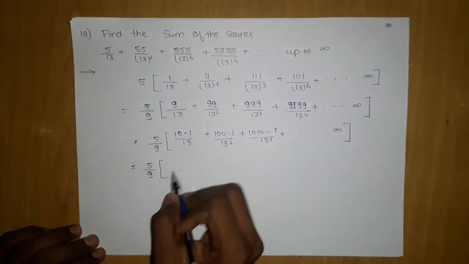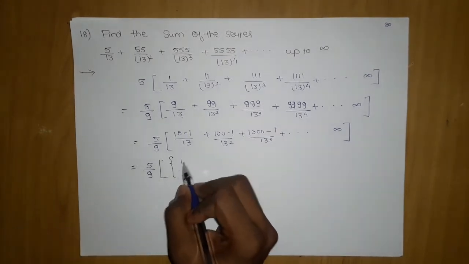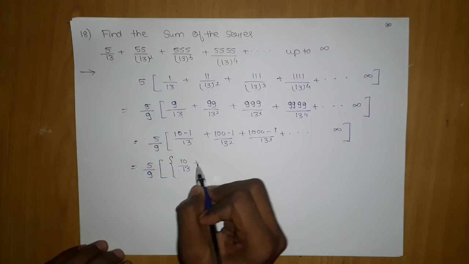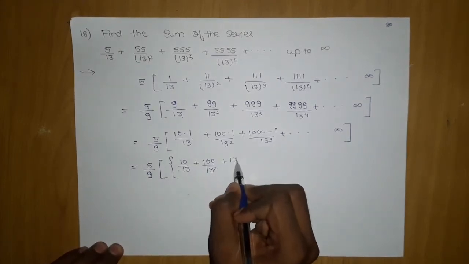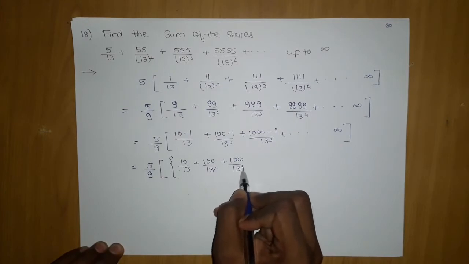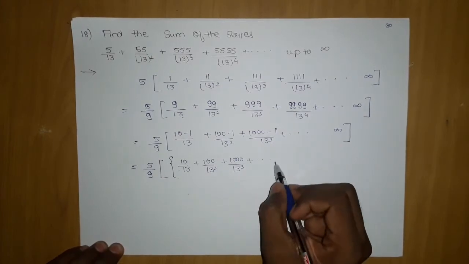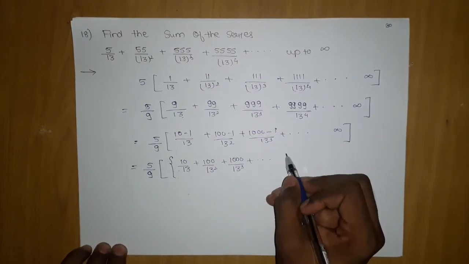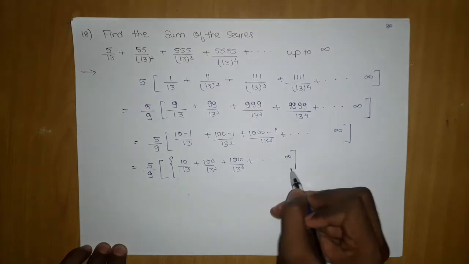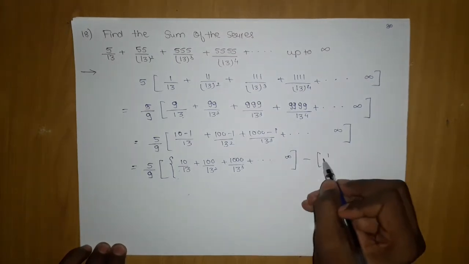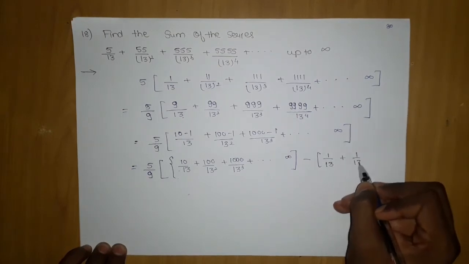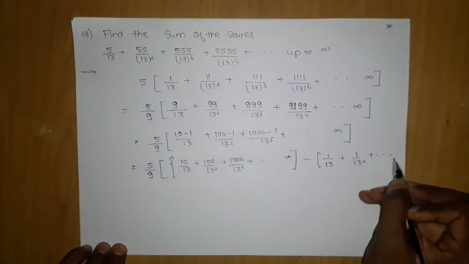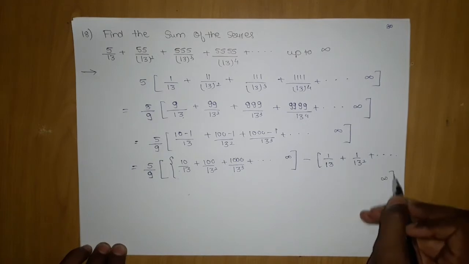Further on, you can observe that we can break this as 10 by 13, 100 by 13 square, 1000 by 13 cube, and so on. It will go on till infinity, like here it was going minus, we have taken minus outside, 13 square, and so on till infinity.